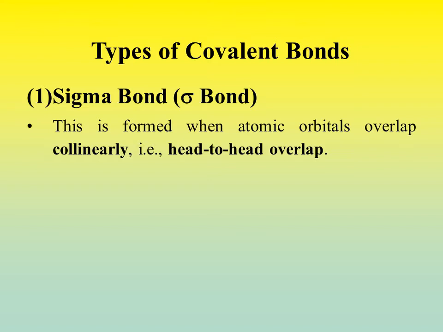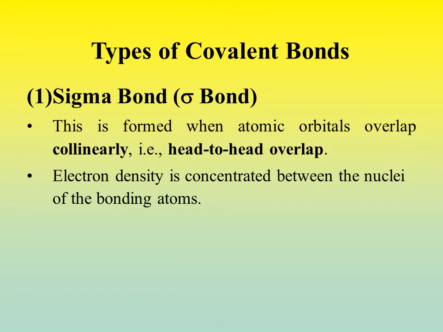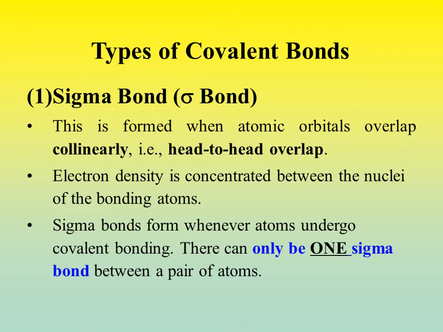This occurs when the orbitals are overlapping head-to-head. The electron density is then concentrated between the nuclei. The first bond formed between any two atoms is a sigma bond, but there can only be one sigma bond between any pair of atoms.